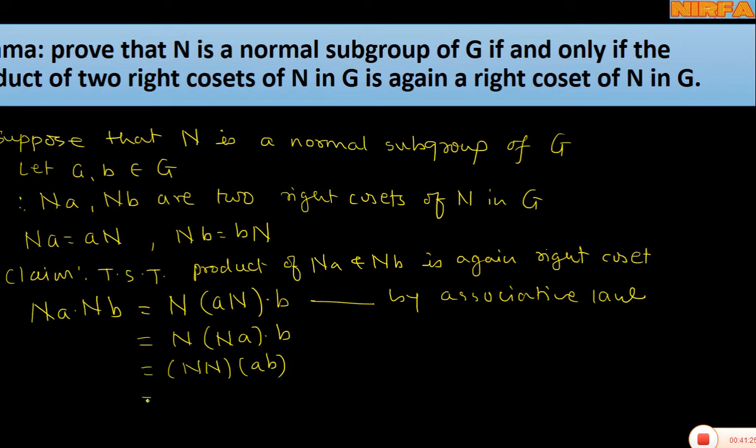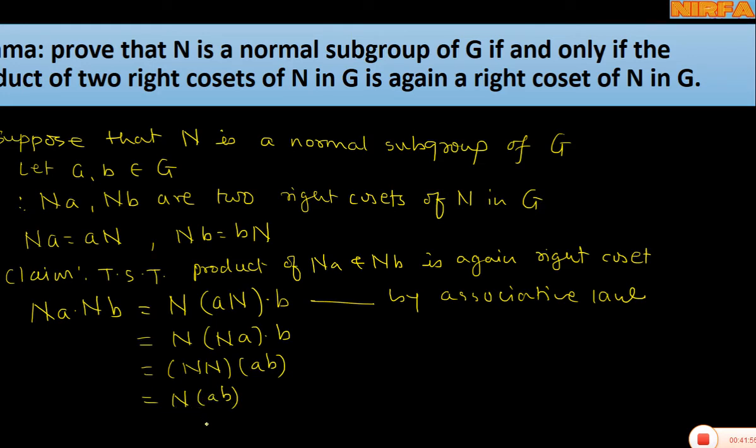And we know that set N into set N is nothing but N, and this is AB. Now this looks like a right coset, but the only problem is whether this element is a member of G or not. If we prove that AB is a member of G, that means N into a member of G creates a right coset of N in G.